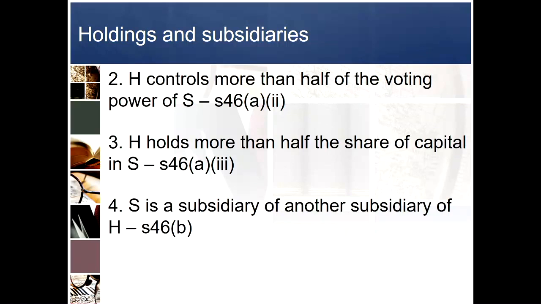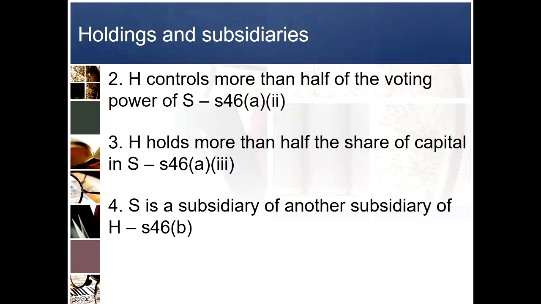What are we saying there? With that fourth test, if the holding company has 100% of the shares in the subsidiary, then we've got a holding subsidiary relationship under probably the first, second and third tests. What about if subsidiary 1 has 100% of the shares in subsidiary 2?